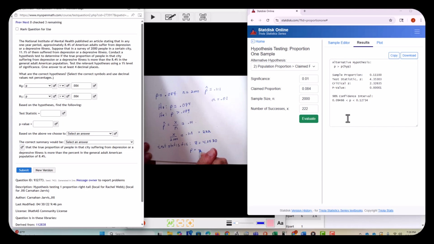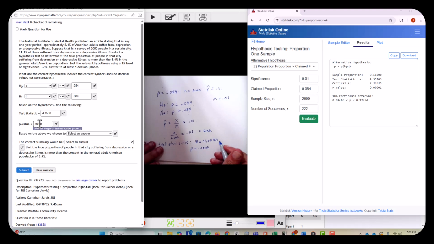The p-value is 0.0000, to four decimal places.